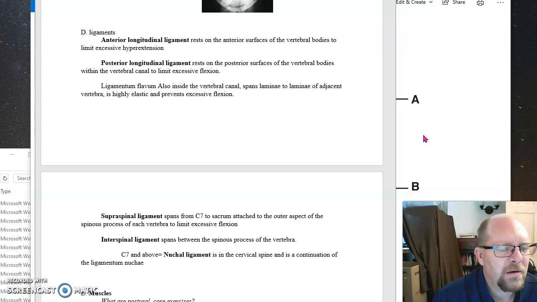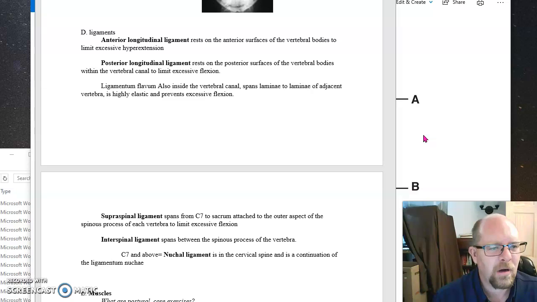The posterior longitudinal ligament is attached to the posterior surface of the vertebral bodies within the vertebral canal, and it limits excessive flexion.